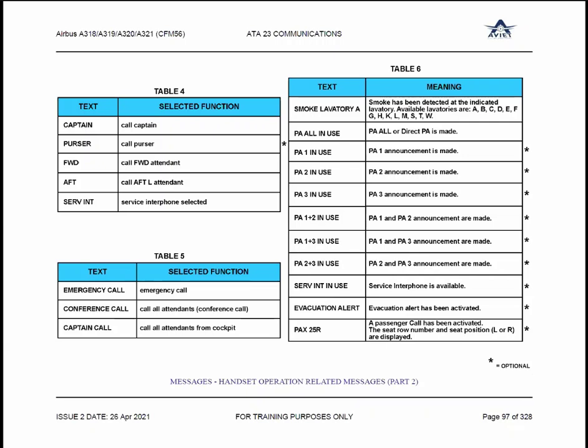Okay. So the moment they press the button on the respective station, you will see these indications. There is no green light, there is no red light, because they know they are operating it. So the message will only be PA all and PA all in use. Others will have a green light and the message PA all in use, all other stations.